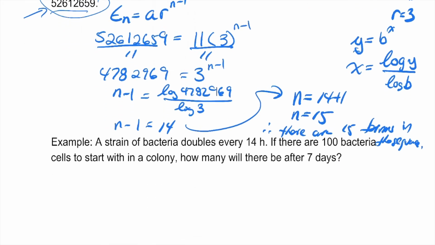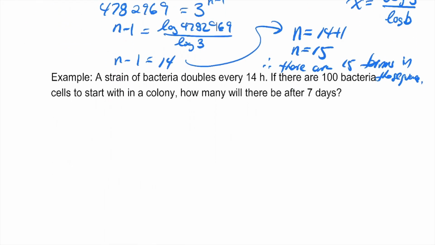Okay. Here's a word problem where we can take advantage of exponential sequences. Given the time that we're living in right now with COVID-19, this example is a little bit relevant, although it's not a bacteria. When we talk about modeling the infection rate, really what we're trying to say is that it's an exponential growth.